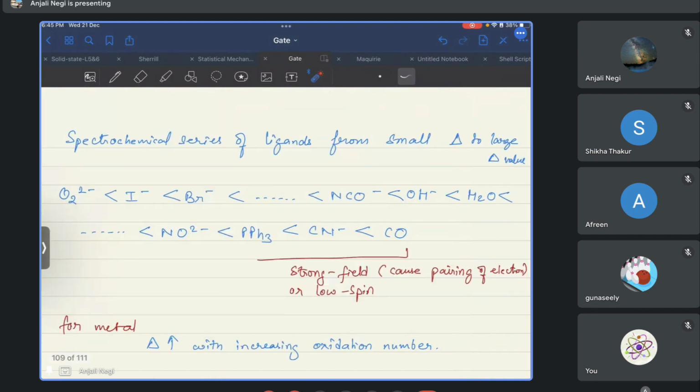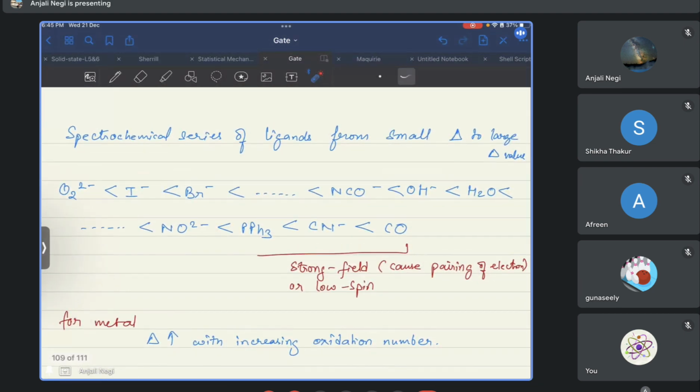The spectrochemical series of ligands goes from small delta to large delta. The ligands causing a higher energy difference in the d orbitals of the metal we call strong field ligands, and these strong field ligands also make the metal complex a low spin complex because of the pairing of electrons that they cause.